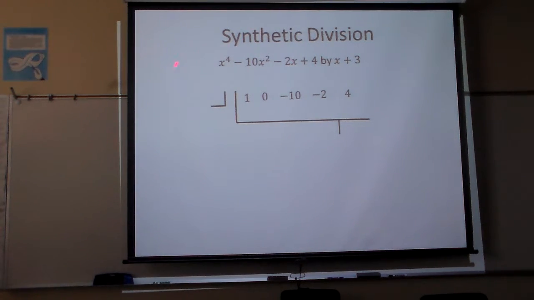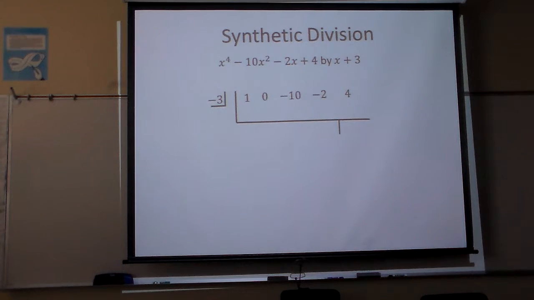Now here's where we go over here. X plus 3 is like an inside liar. So instead of plus 3, I'm going to use minus 3. And I'm going to put the minus 3 over here in this little bracket thing I made. That's just to show me that it's not part of the other stuff.